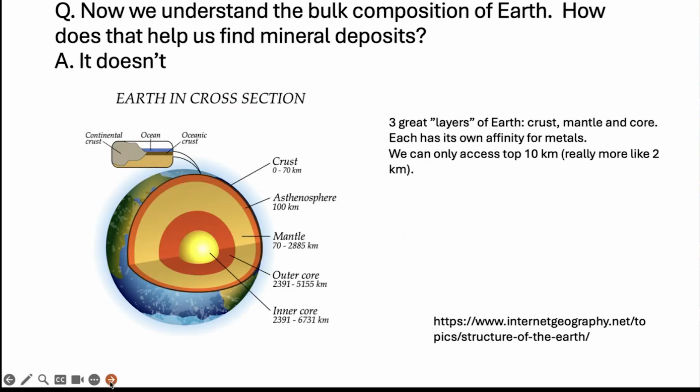All right, now that we understand the bulk composition of the Earth, how does that help us find mineral deposits? And the answer is, it doesn't. Well, it does, because don't look for any elements or deposits made up of elements heavier than 92, because they didn't get produced. But just knowing what's available in the Earth doesn't tell you what's within reach of us surface living creatures. So, for example, you might say, "Oh my God, lithium, beryllium, and boron, we have no chance."